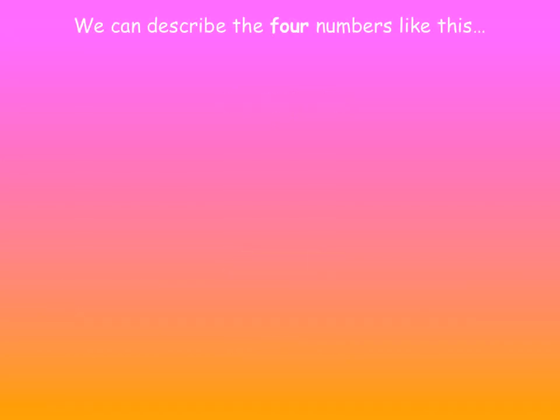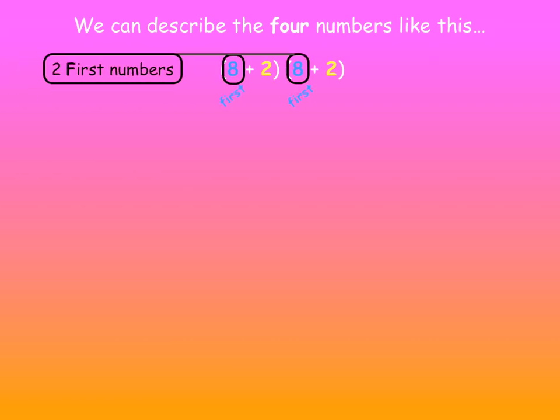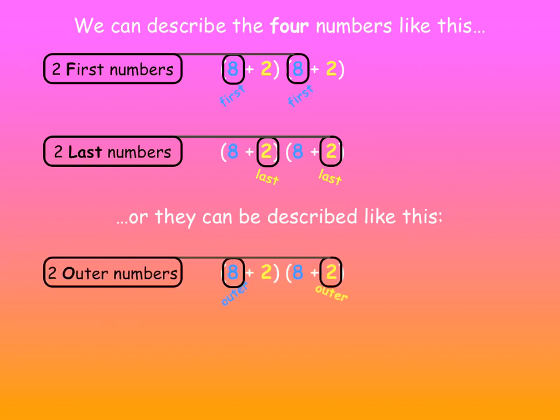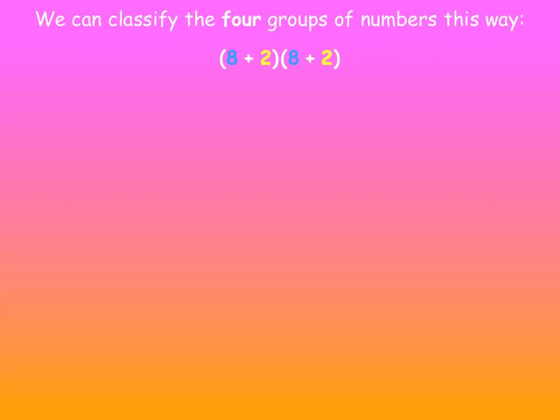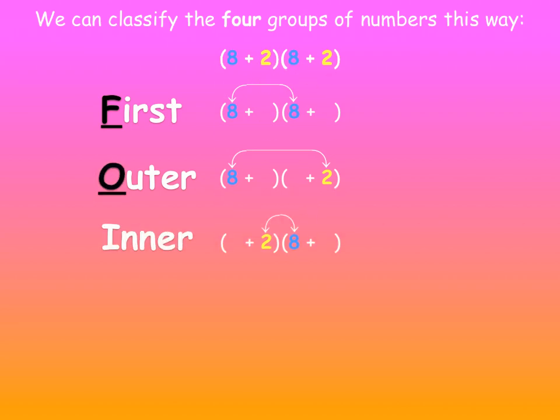We can describe the 4 numbers like this. There's 2 first numbers, first and first. There's also 2 last numbers, or they can be described like this: 2 outer numbers and 2 inner numbers. We can classify the 4 groups of numbers this way: first, outer, inner, last.